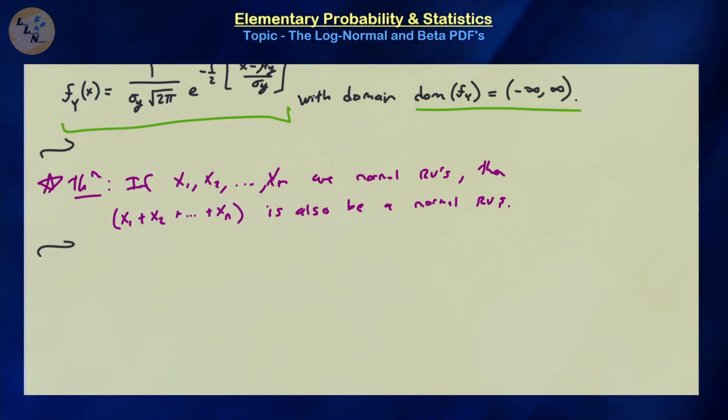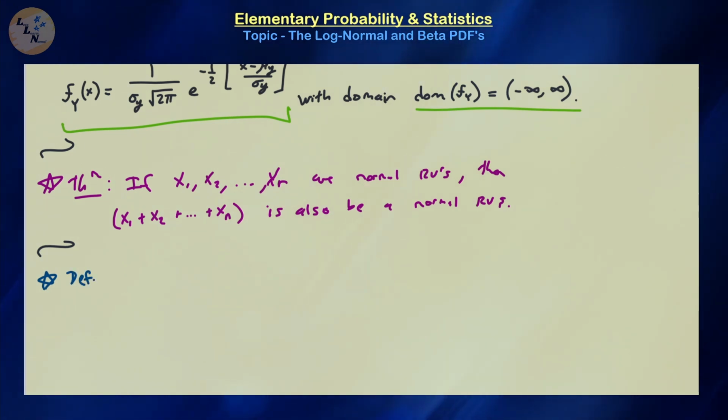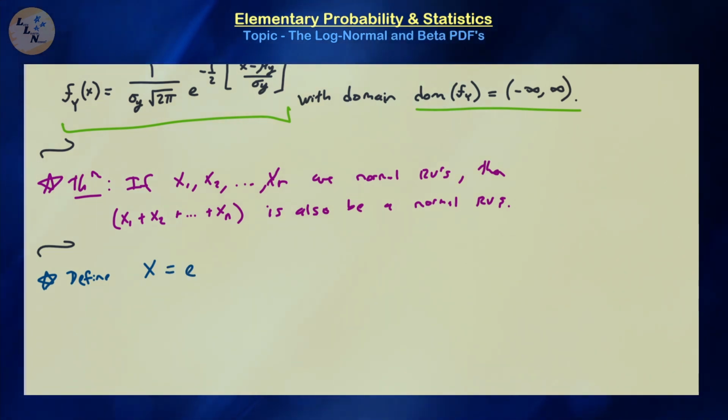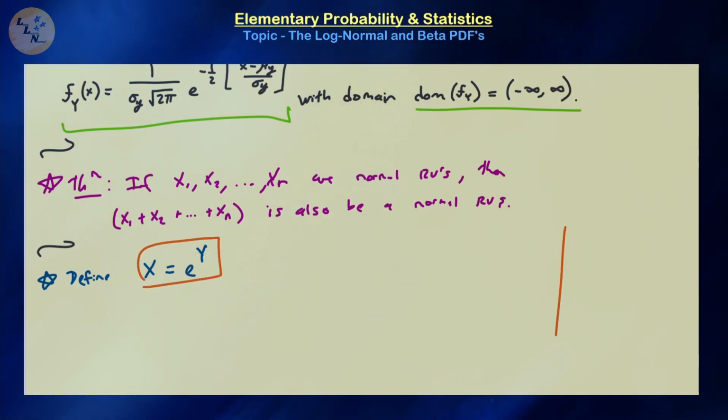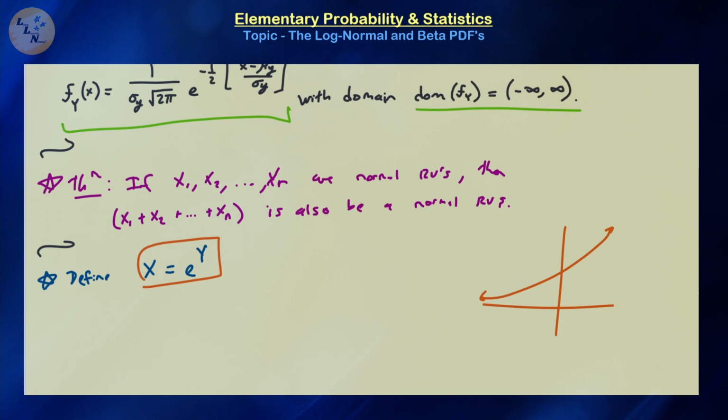So that's very cool. Now, we're going to define a new random variable, but instead of the linear combination, we're going to define a new variable x to be equal to the exponential of y. If you know anything about exponential functions, you should know that exponential functions are never 0 and they're never negative, provided that y is a real valued expression.